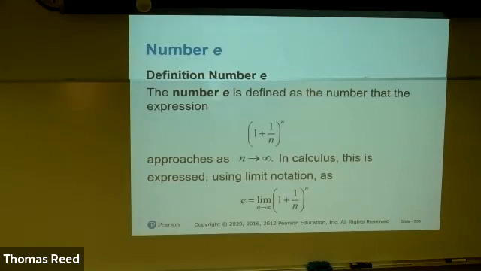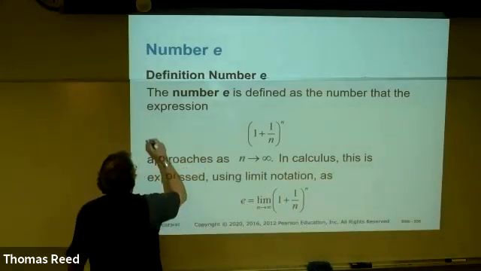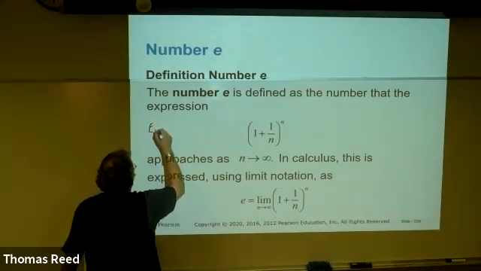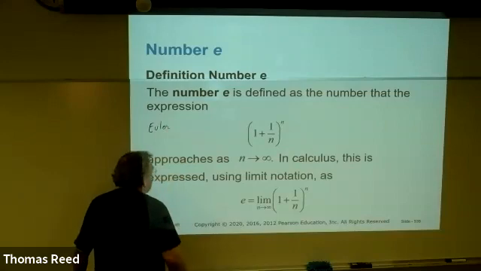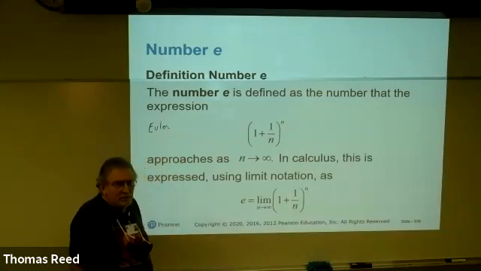We call it e because of the man who discovered it. His name was Euler. Some French dude living in France back in the 1700s or 1800s. I don't know, it's French.